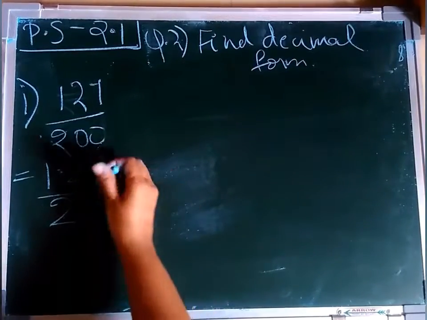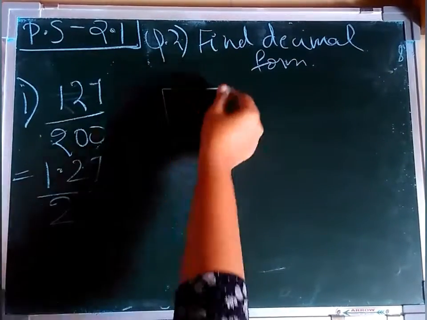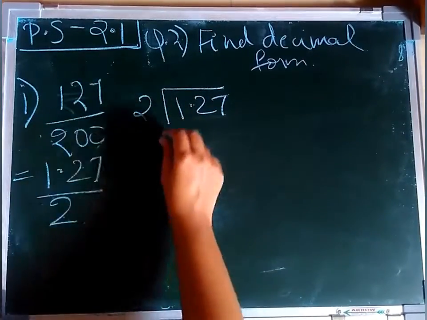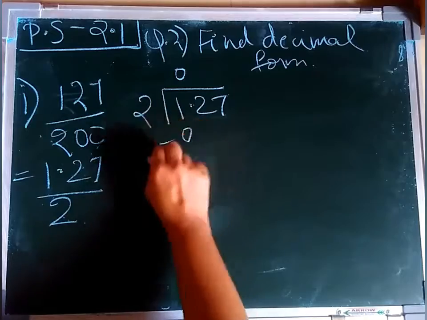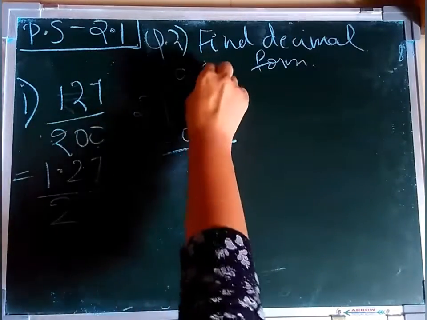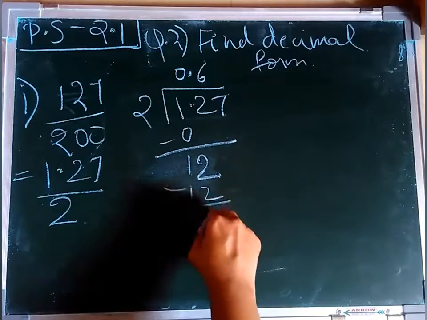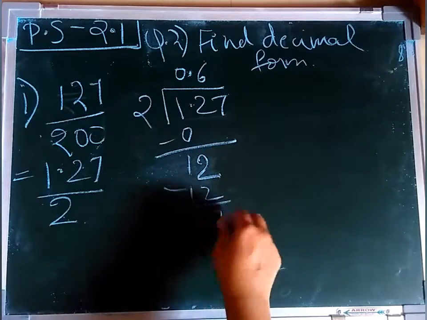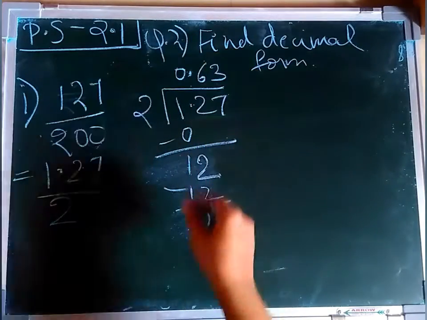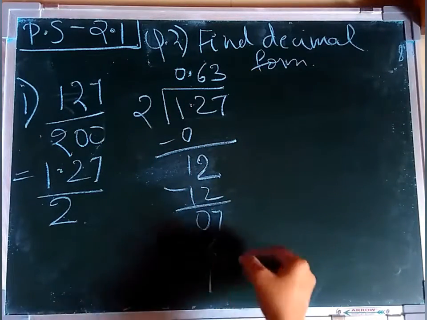Now I will use the normal division method. I will divide 1.27 by 2. 2 zeros are 0, 1 remainder. 2 sixes are 12, 0 remainder. Now the 7 also I have to think about; I cannot leave it like that. So 2 threes are 6, again 1 remainder.